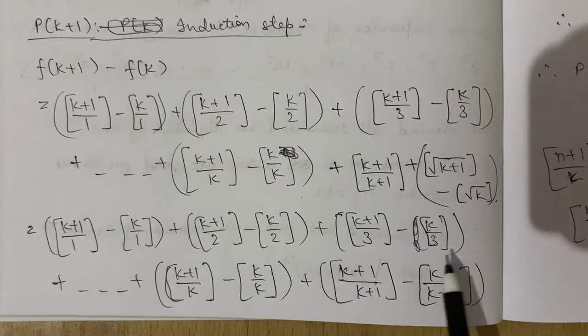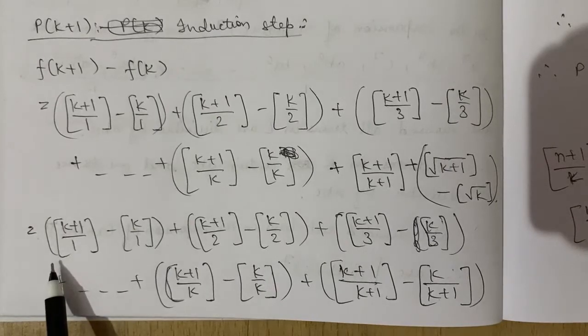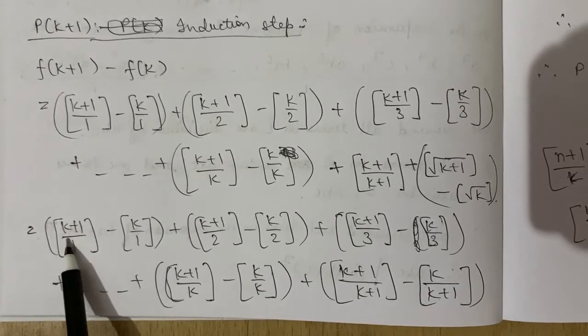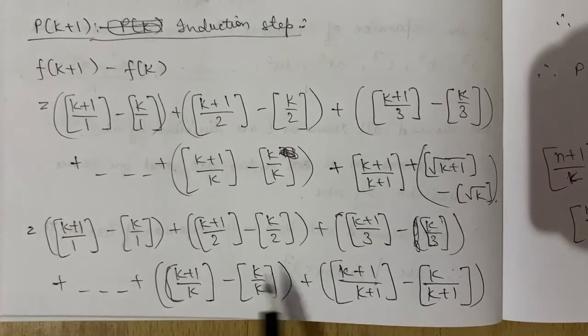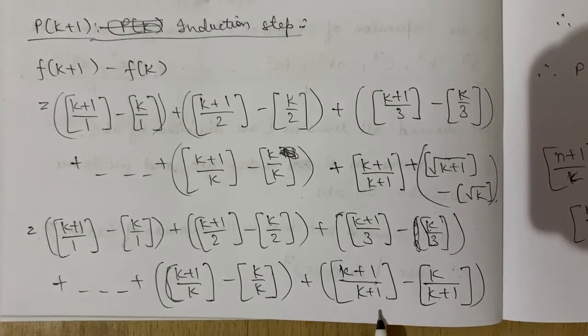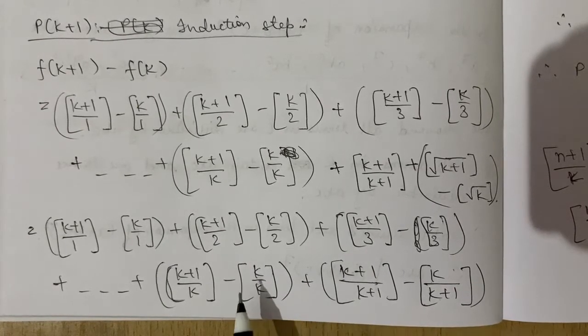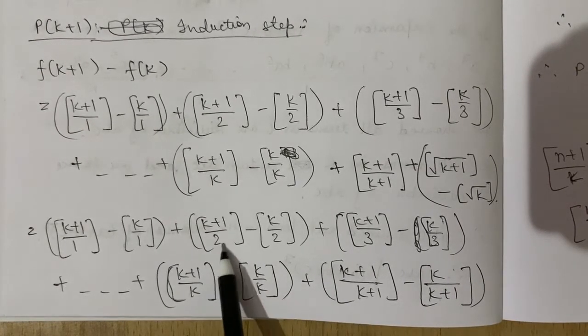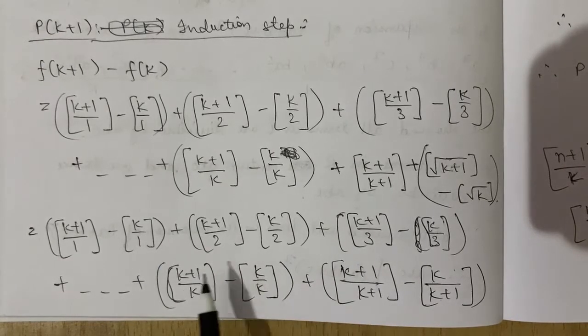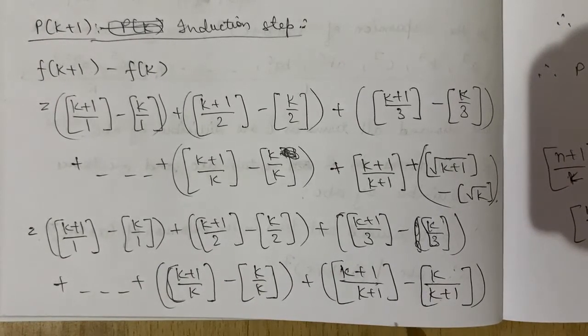Writing it like this, I now have a symmetrical expression with k+1 total terms, and each of these terms is 1 if and only if the denominator d divides k+1.